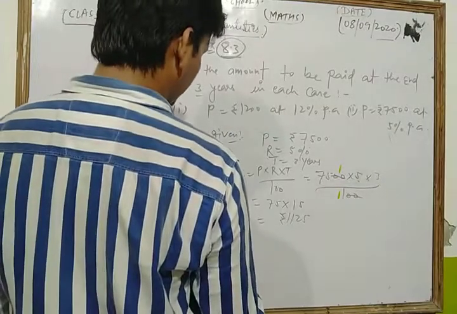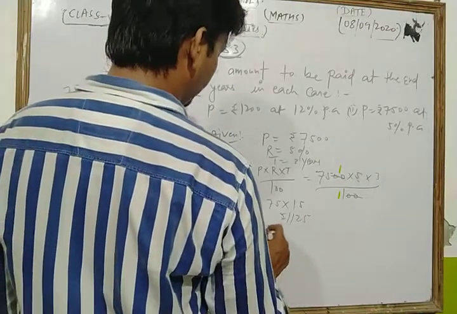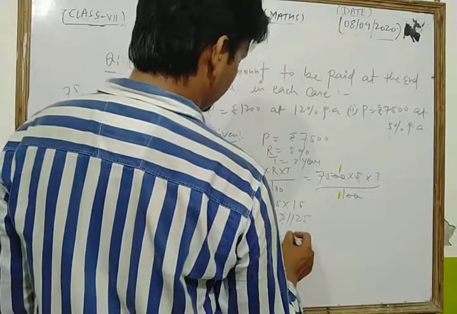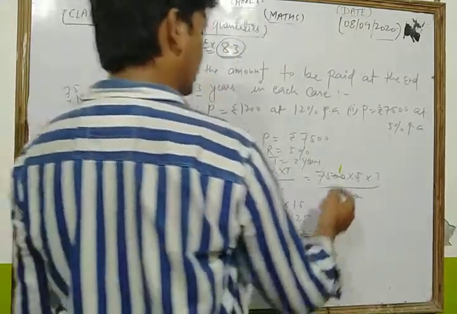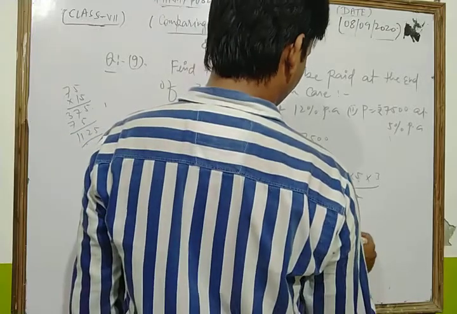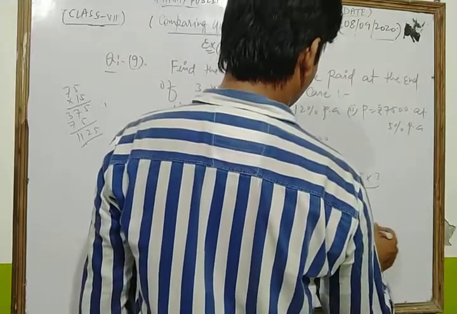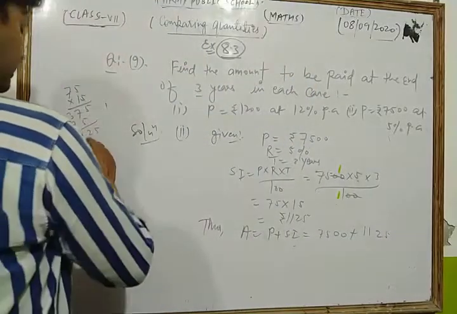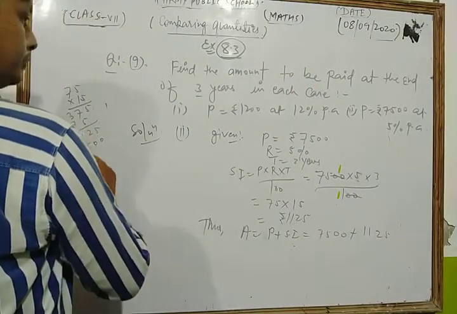Thus the amount will be, by the formula, principal plus simple interest. So the principal value is 7,500 plus the simple interest is 1125. Now we add 1125 and 7500.